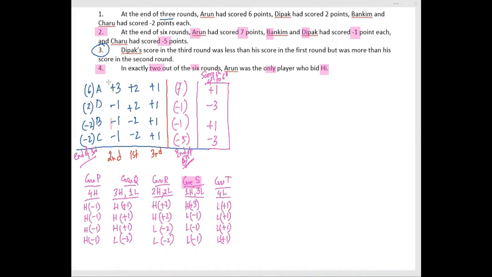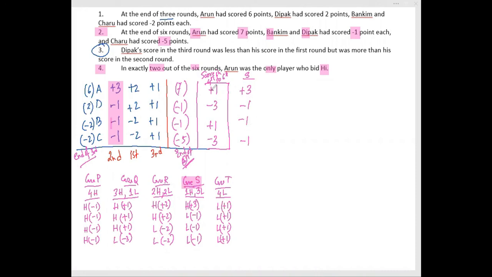Now definitely another time Arun needs to get the case of ace. So let me write it down. Ace, writing here. And Arun was high, so it should be +3. And with Arun high, all were low, -1, -1, -1. This is one of the cases.